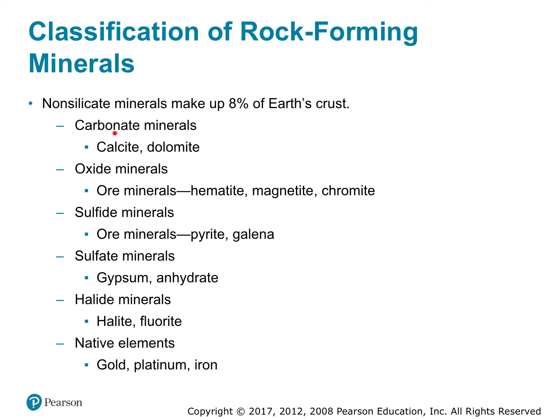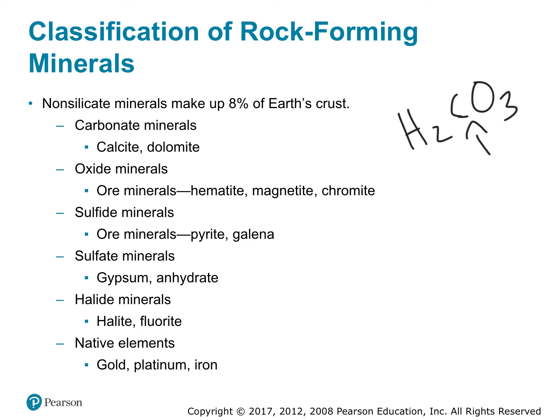Well, I see the word carbon in it, so it suggests to me that a carbonate material has something to do with carbon. And actually, a carbonate is a salt of something called carbonic acid, which is H2CO3. And of course, you can see right there, there's carbon in there.